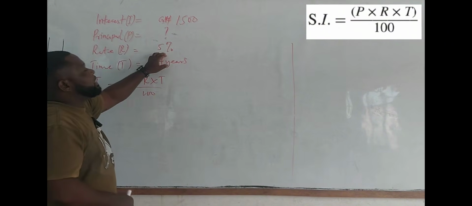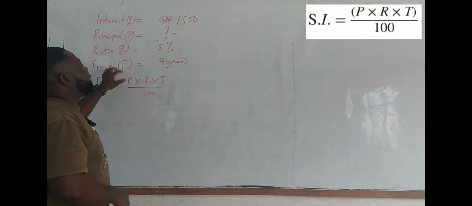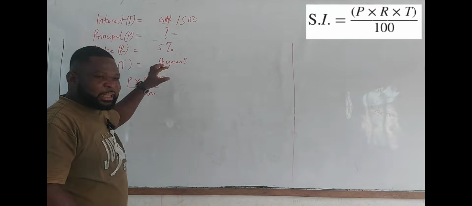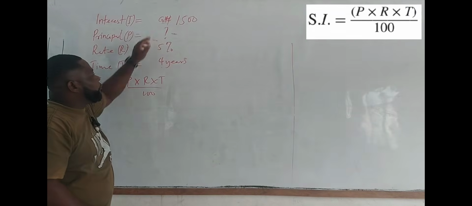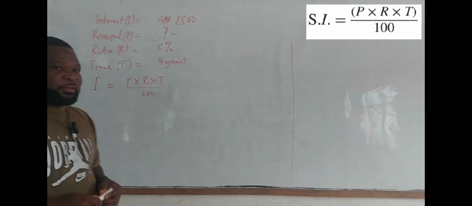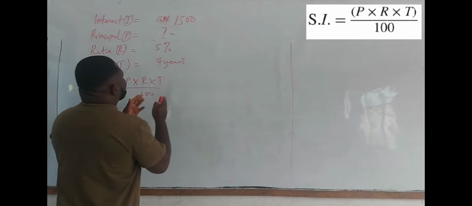Then the rate the bank gives for every year is 5%. The time the bank will give them to save that money is 4 years. They have to save that principal for 4 years before they can get 1,500 as interest, right? So this is what the question is giving to us.